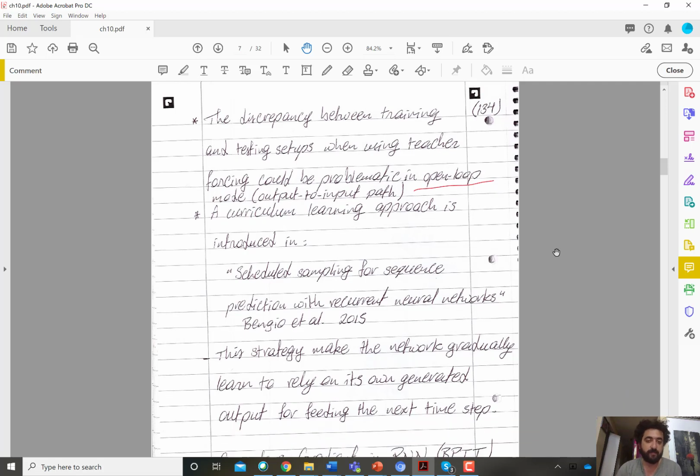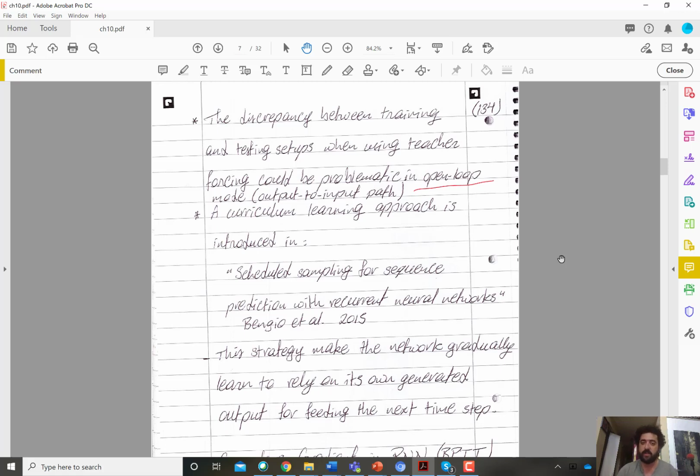And for that, there is a curriculum learning approach. Curriculum learning, as the name suggests, is a learning approach where there is a gradual management strategy of the training data, right?